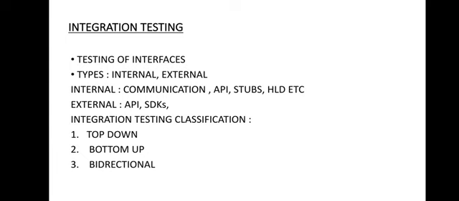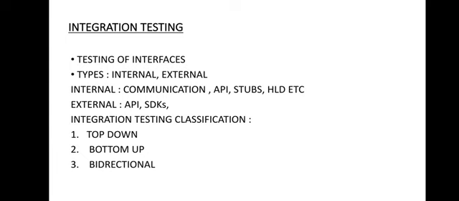First, when we talk about internal interfaces, they are related to communication, application programming interfaces, stubs, and some important terms like HLD, that is known as high level design.